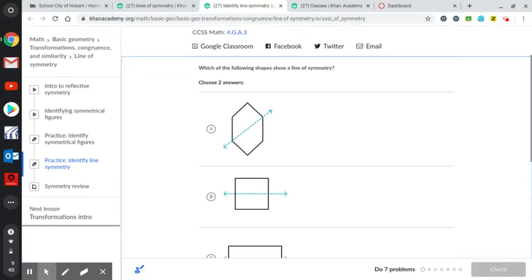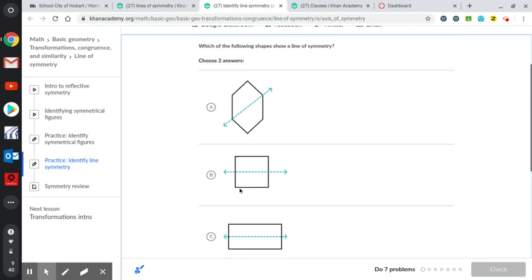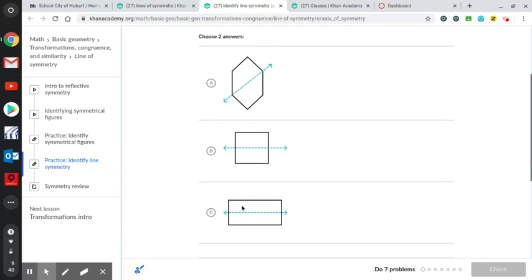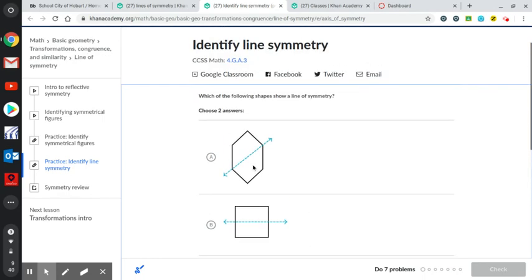So, look at this one. Here I have this B is a square. Is the top the same as the bottom? I hope you say yes. And then C is this rectangle, right? Because the definition of a rectangle is it's got 4 right angles and 2 sets of parallel lines. Parallel and parallel, and the sides are parallel. So A looks kind of funny.